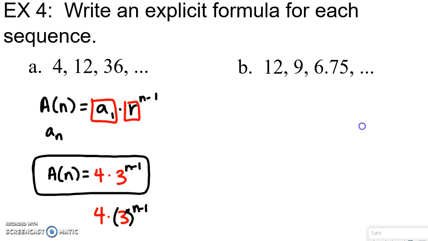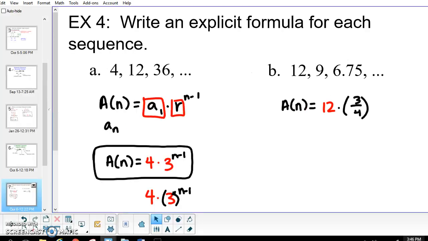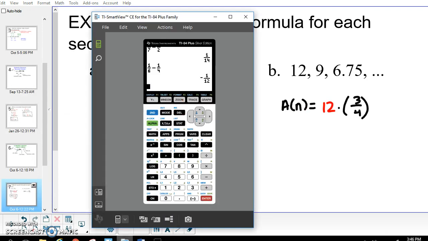So I have a of n equals 12. And it is 0.75, but I'm going to write it as a fraction this time, so 3/4. Remember, if you have a graphing calculator, to change your decimal to a fraction, you just hit math, enter, enter, and it's 3/4.